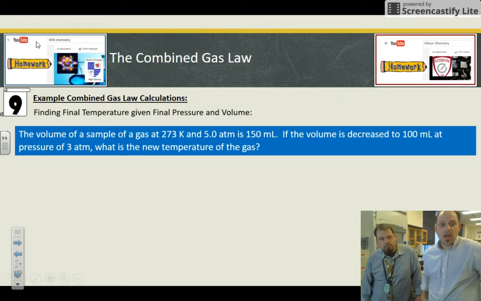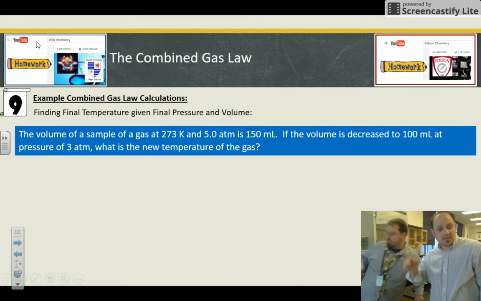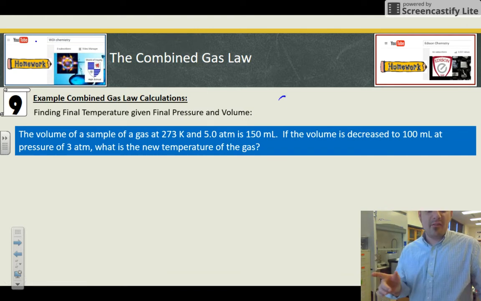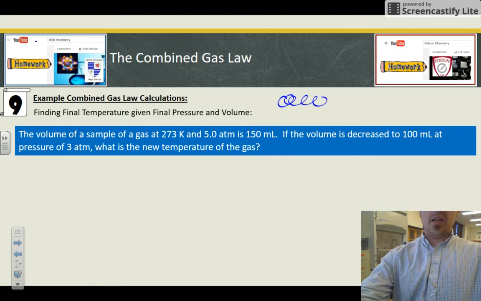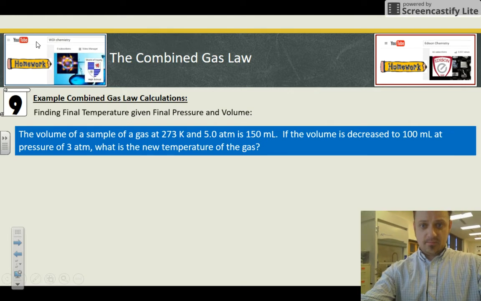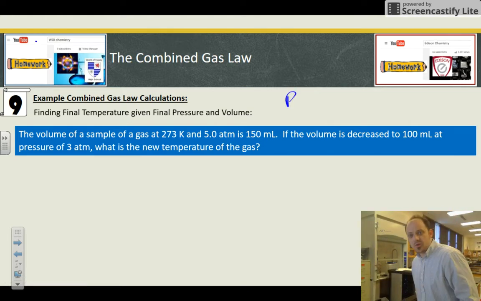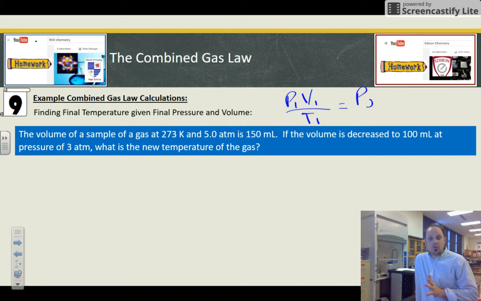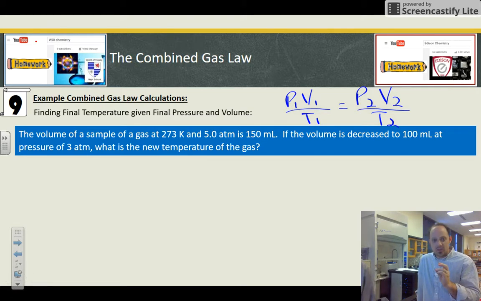Let's do it. The volume of a sample of gas at 273 Kelvin and 5 atmospheres is 150 milliliters. So what Mr. Milks is going to do is write his initial equation, P1 V1 over T1 equals P2 V2 over T2. Now I'm going to suggest that he picks up the red pen and circles the initial P1, V1, and T1.